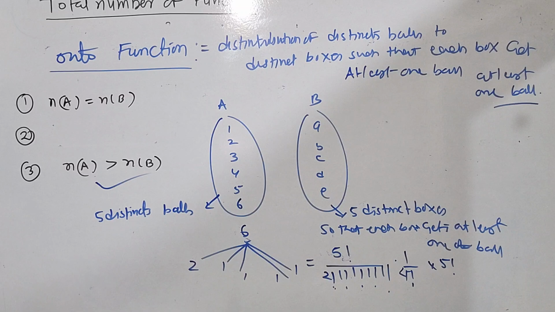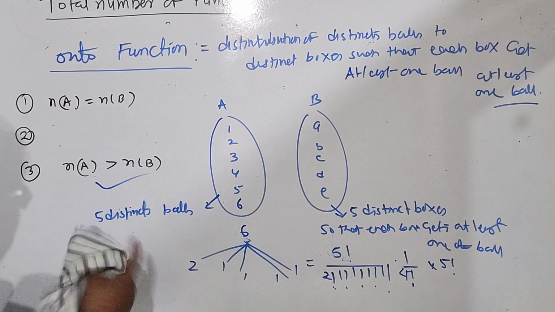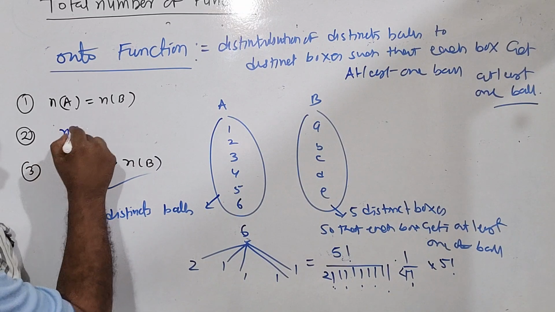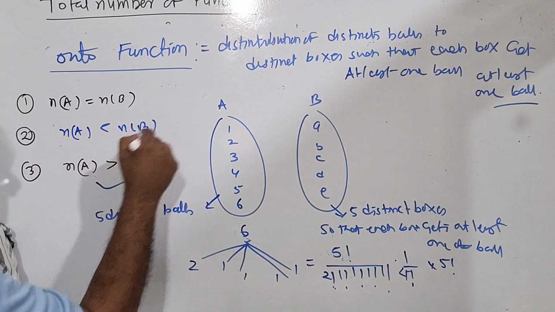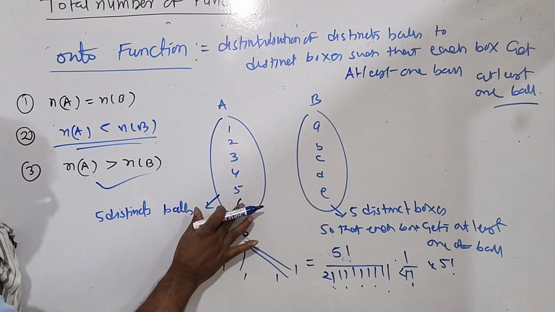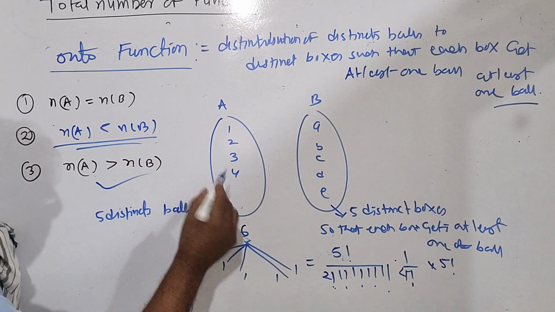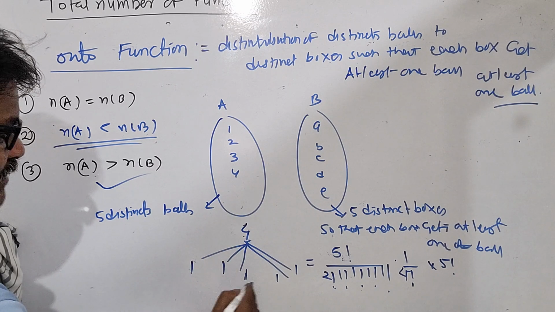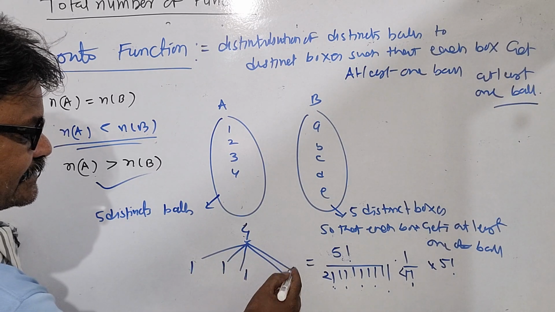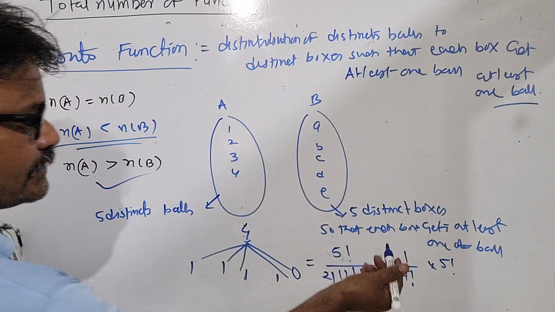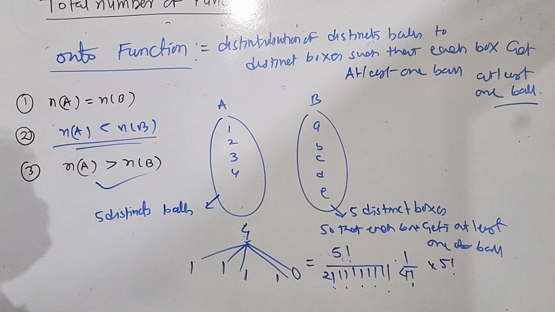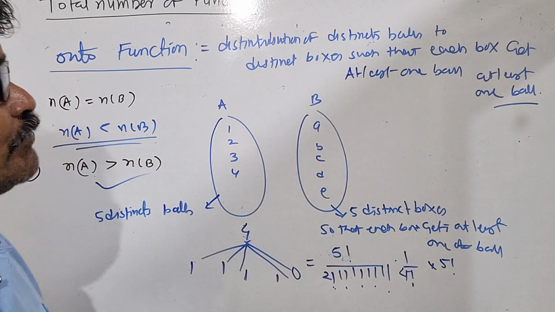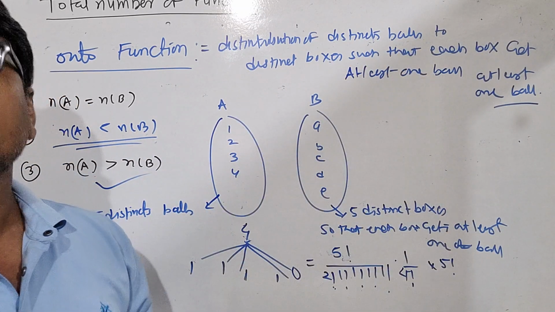Once you know the number of onto functions, the number of onto functions is not possible in the case when n of A is less than n of B, because here if this becomes less, 4, so I can give, this is 4, so 4 is 1 1 1 and 1, but this is not getting any ball, but the condition is that the number of onto functions is equivalent to the distribution of distinct balls to distinct boxes, such that each box gets at least one ball.